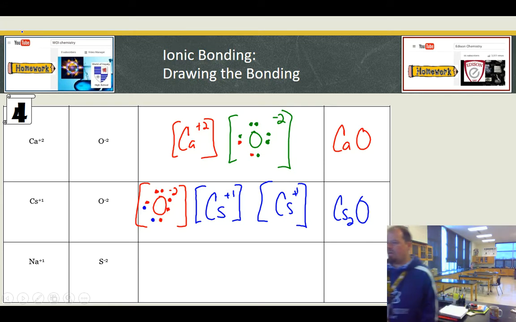Good. All right, Na +1 and O -2. I see that I'm going to need 2 Na's right off the bat. Notice I just learned from the last one that +1 and -2, I need 2 of the +1, so I'm going to go ahead and draw Na twice.